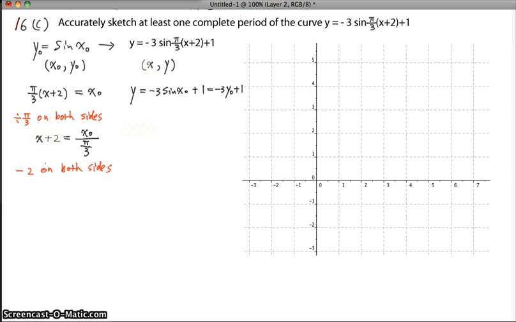Okay, so then it becomes x equals x0 divided by pi over 3 minus 2. And then y equals, I also bring it down to put them together, negative 3 y0 plus 1.